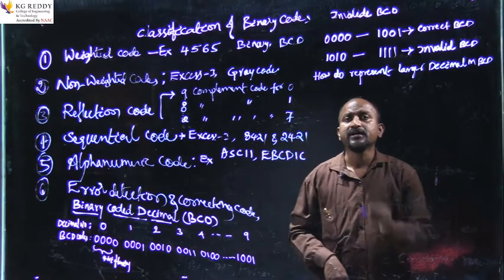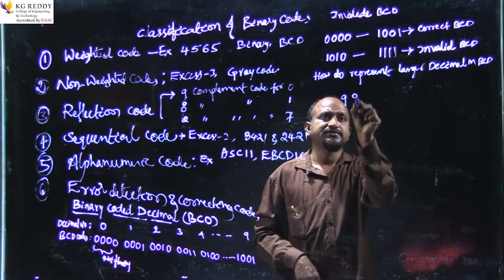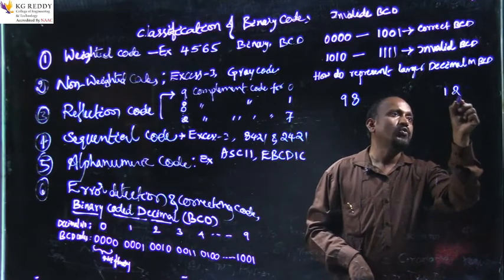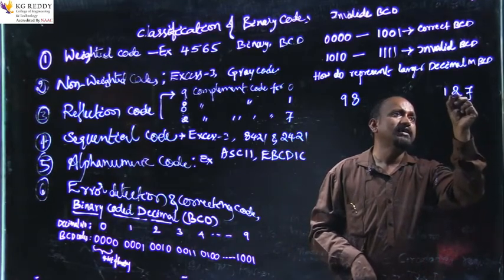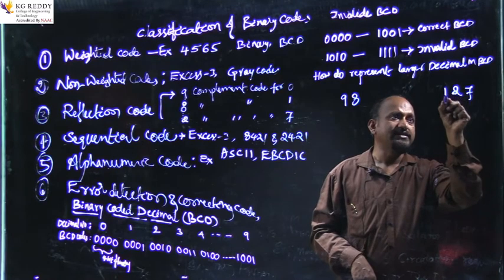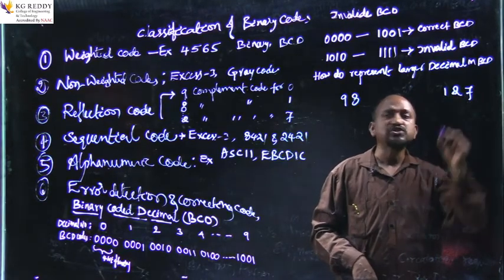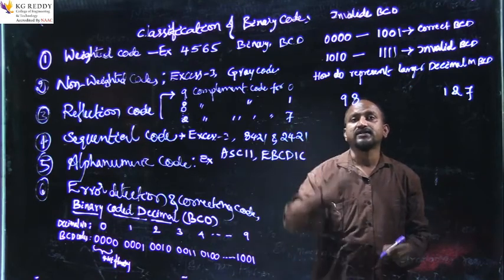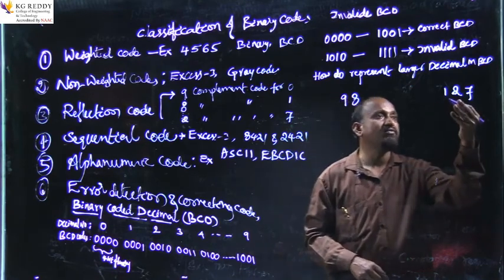For example, let us take 98, and you can also take 127. These are a little bit larger numbers in decimal. So how could we represent these in BCD? What is the BCD of 98 or the BCD of 127?